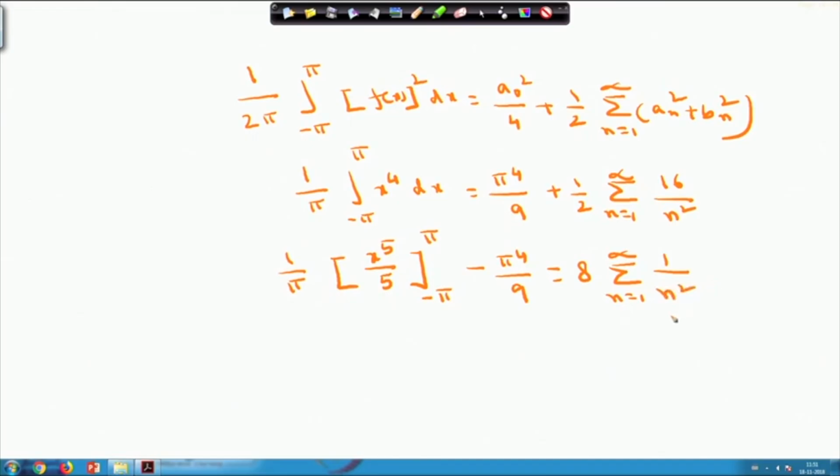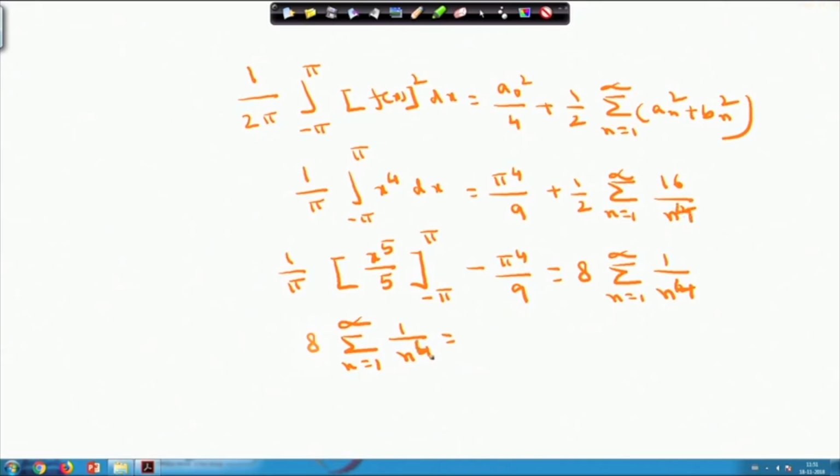So, I am obtaining this thing. I can put 8 summation n equals 1 to infinity 1 by n square. This is 1 by n to the power 4, this should come as pi by 4 into n to the power 4.